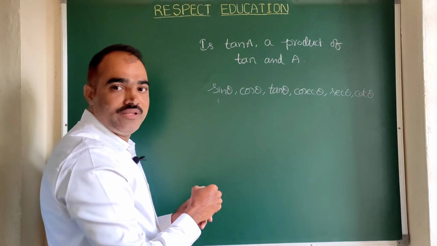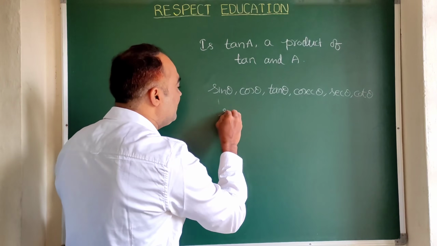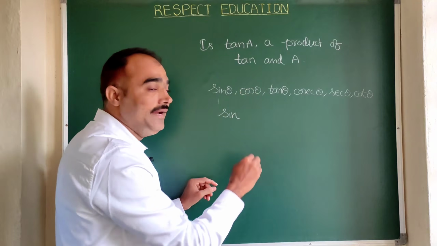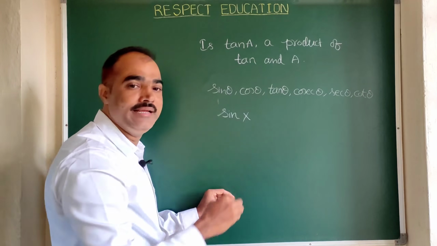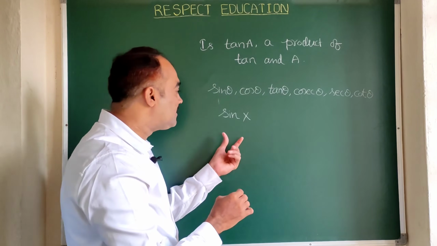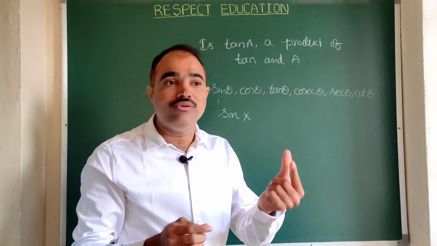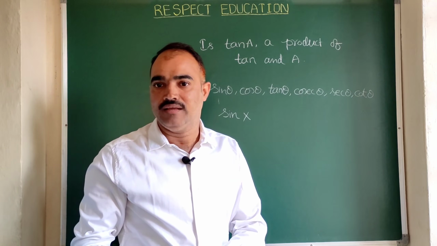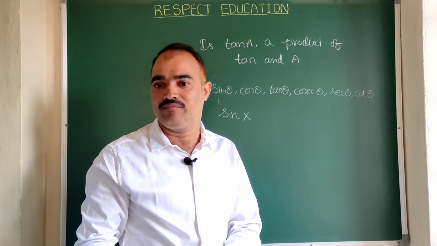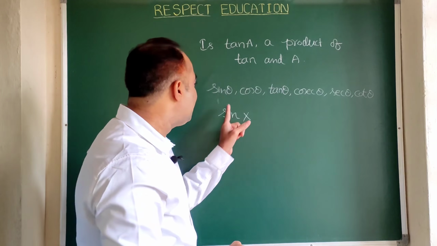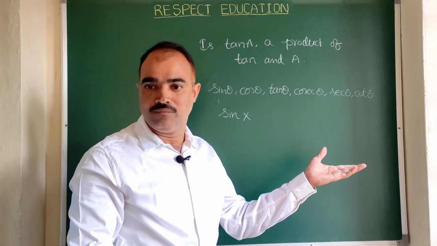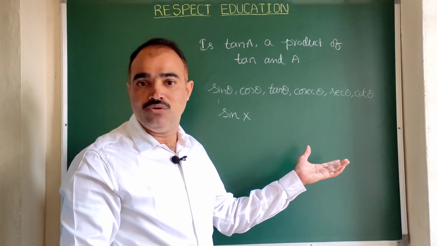Without theta, if you say only sine, it does not have any meaning. Whenever someone says sine, you have to wait for the value of theta. Theta is nothing but the angle here. Is it clear? So if we say sine 0, it has a value 0. Sine 30, it has a value 1 by 2.